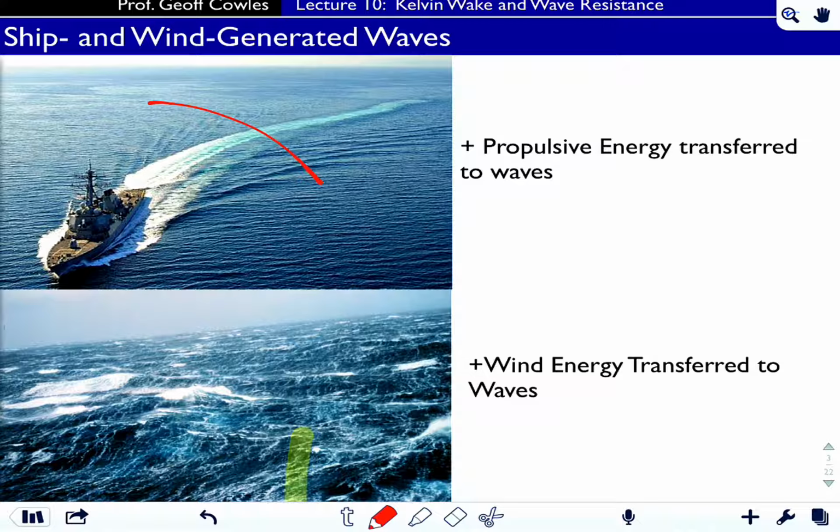These are, of course, surface-piercing ships as opposed to submarines. So it's important to quantify the development of those waves and how much power is being lost to push them.